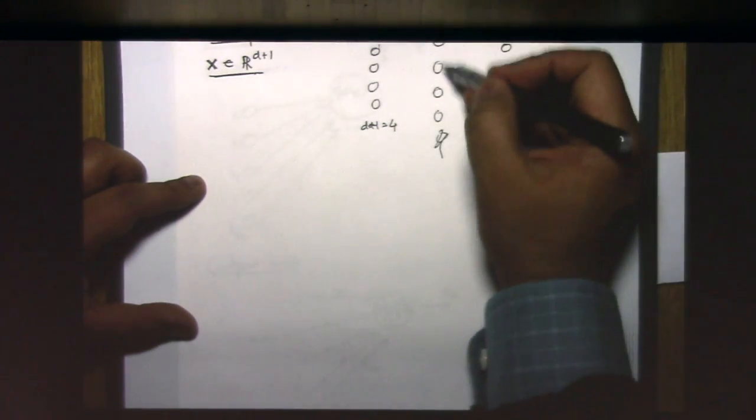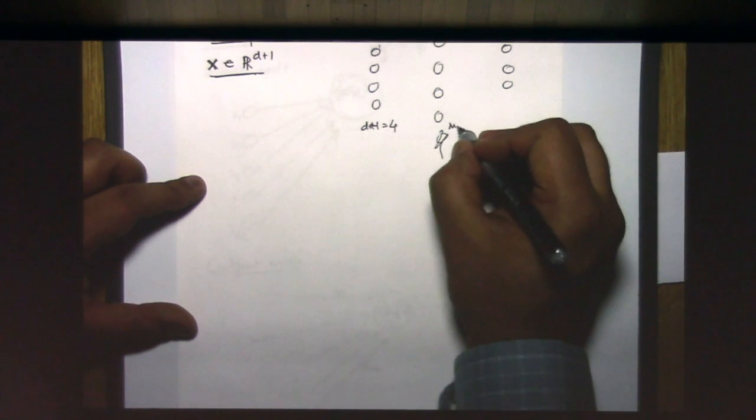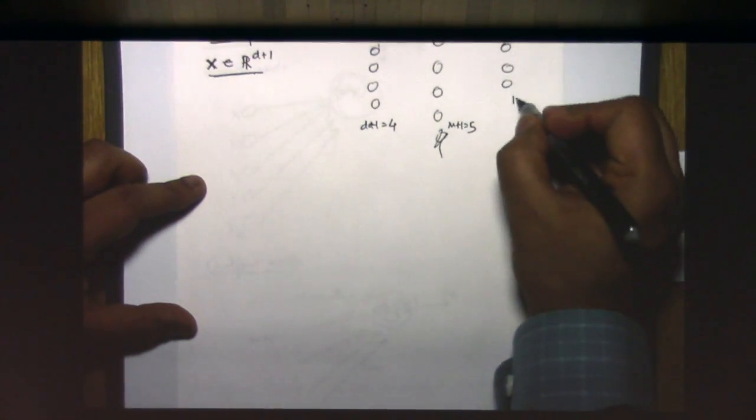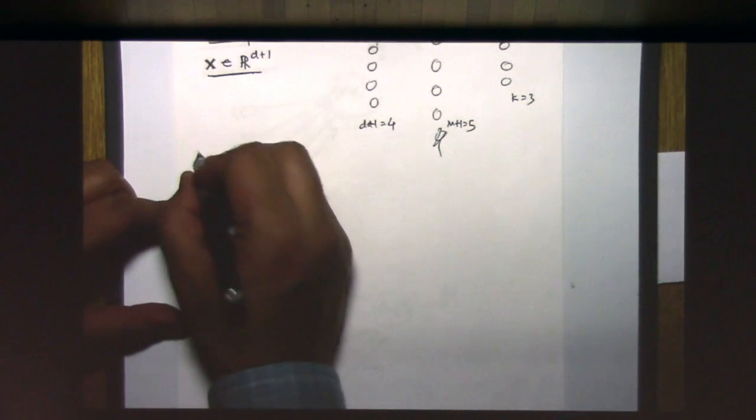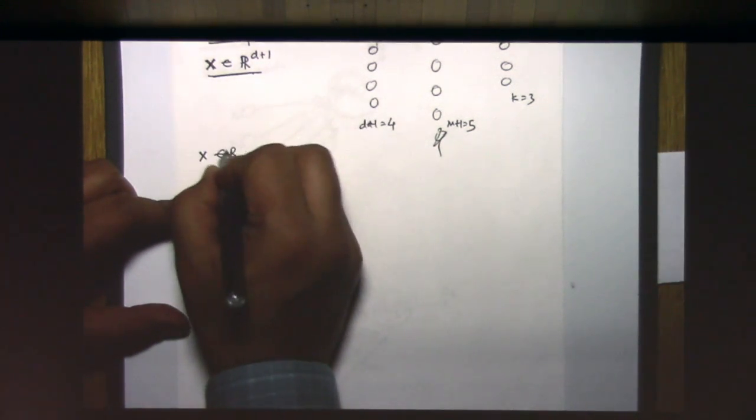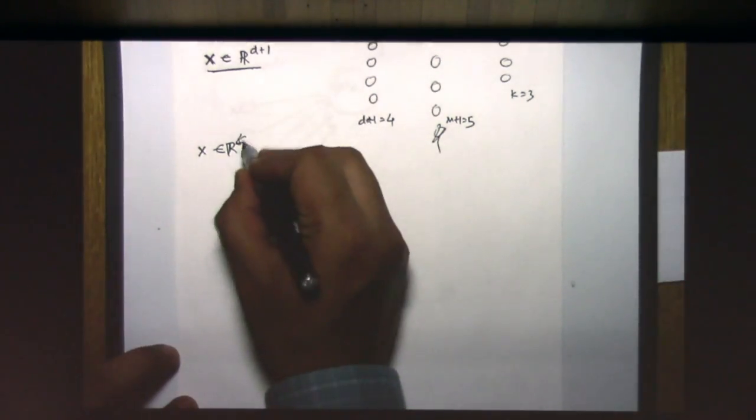So let's say our D plus 1 is 4, and let's not make it that big. 1, 2, 3, 4, 5. Let's say your M plus 1 is 5. That means there are 5 hidden nodes. And let's say your k is 3. That means you're trying to distinguish between 3 classes, right? And then these are all connected. So your x will essentially be, in this case, in R^4.